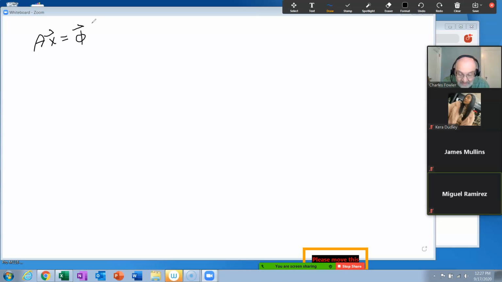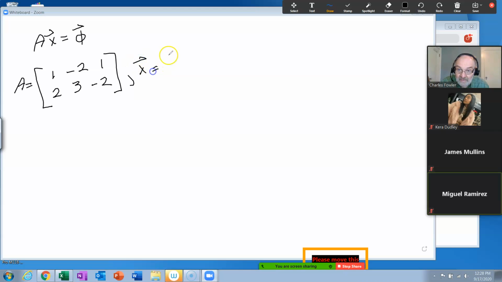Okay? It says solve that matrix where the A matrix here is this one: 1, negative 2, 1, 2, 3, negative 2. The X vector here is the column vector x1, x2, x3, big surprise there.